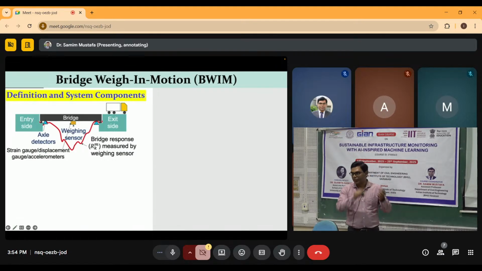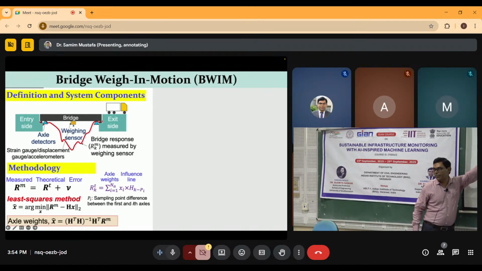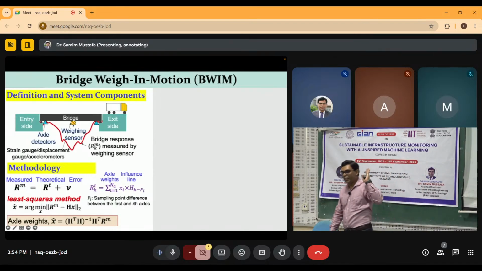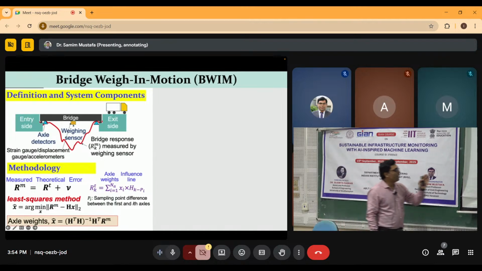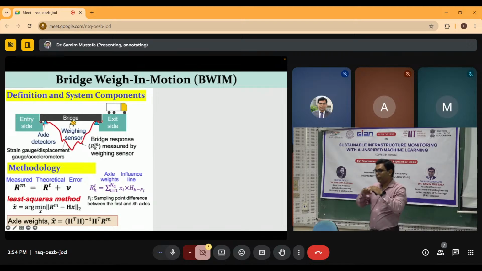It is a simple equation. There is an observation, the response Rm, that is the measured response. This measured response equals the theoretical response plus some error, as was discussed in the previous morning session. So what is the theoretical response? It is the response coming from the bridge.